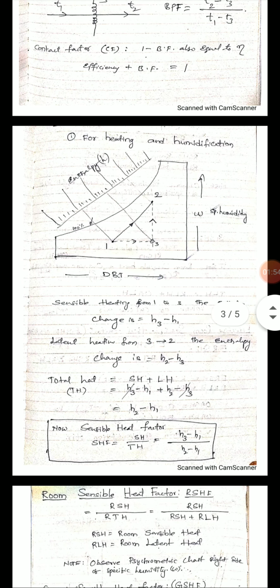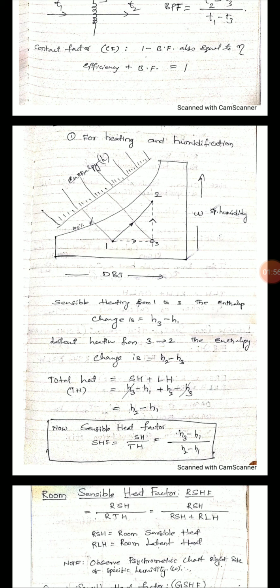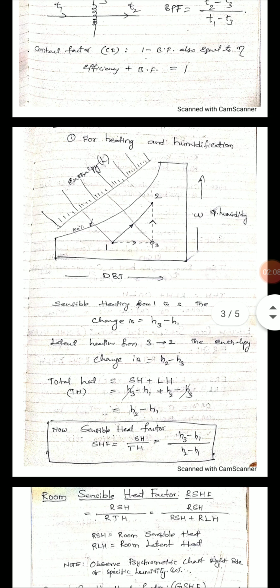This 1 to 2 is split into 1 to 3 and 3 to 4. 1 to 3 is sensible heating, because the process is heating. The dry bulb temperature increases from TD1, which is lower, to TD2. TD2 and TD3 are the same.